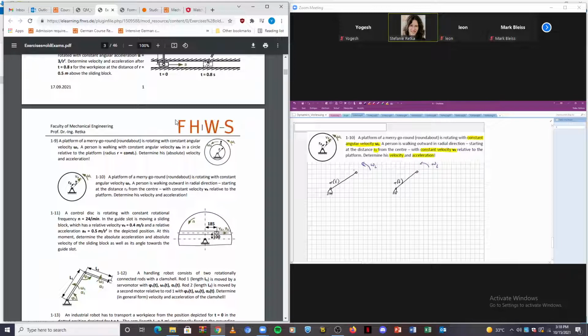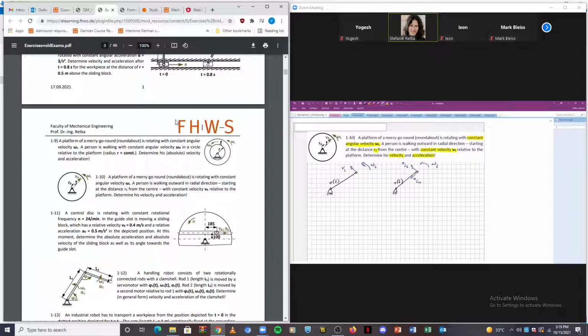Then what do we have for the velocity? We have a velocity vector perpendicular to the path. And in general, we have two components of the acceleration, a tangential and a normal acceleration, AL tangential and AL normal.